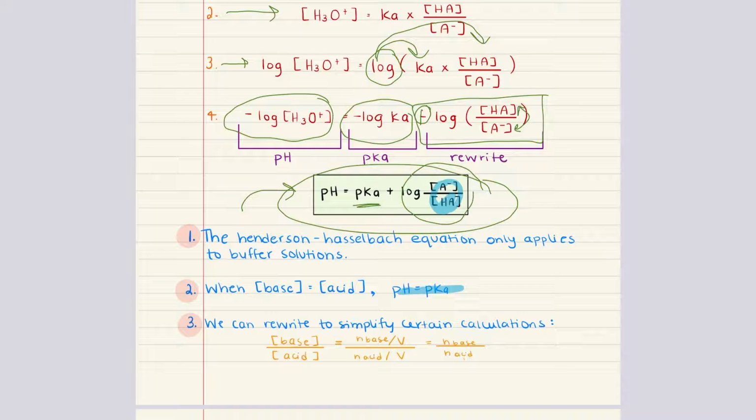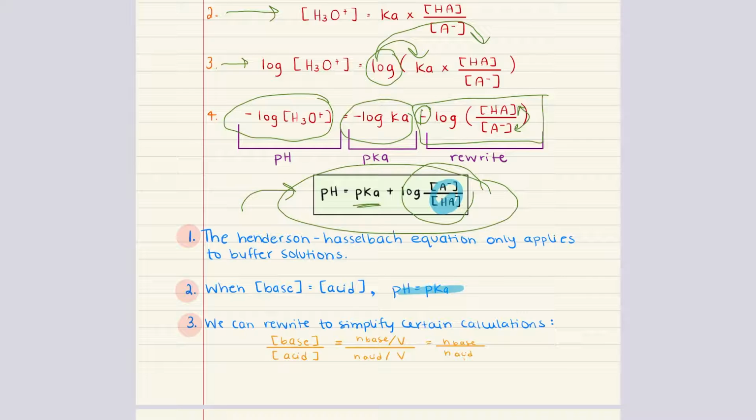This condition, where the concentration of the weak acid is equal to that of the conjugate base, represents the point where the buffer is most effective at resisting changes in pH, and this is often referred to as the half equivalence point in titrations. A similar relationship applies to buffers made with a weak base and its conjugate acid.